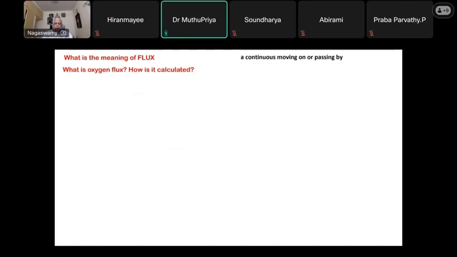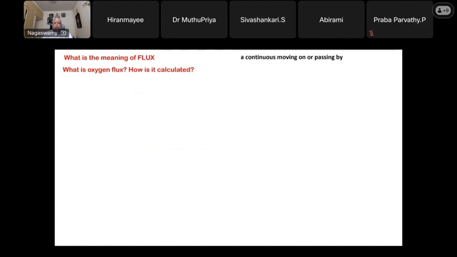Delivery of oxygen equals cardiac output times hemoglobin times saturation, plus dissolved oxygen, 0.003 times PaO2. So it is decided by two factors. One is the cardiac output, another is the oxygen carrying capacity of your blood. Which element in the blood is very important for oxygen carrying?